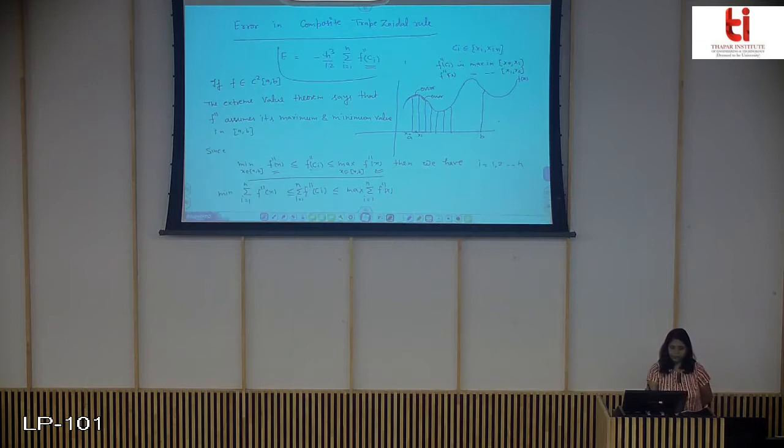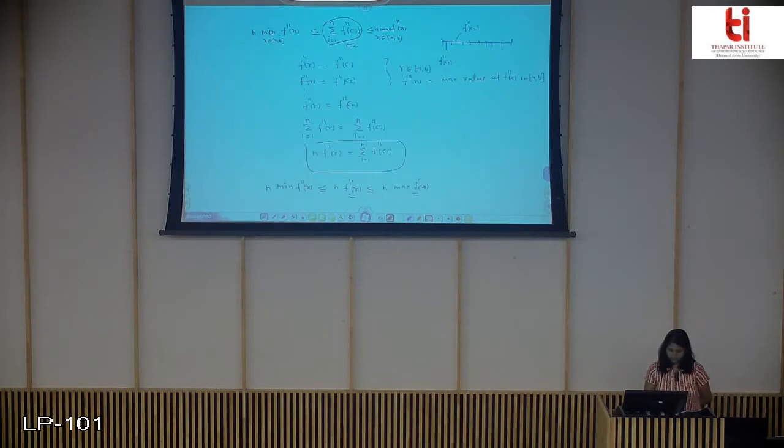So put this value into the formula. What is coming out to be? The summation from i equal to 1 to n of f double dash ci is equal to minus h cube upon 12 n f double dash r, where r belongs to the interval a to b where f has its maximum value.